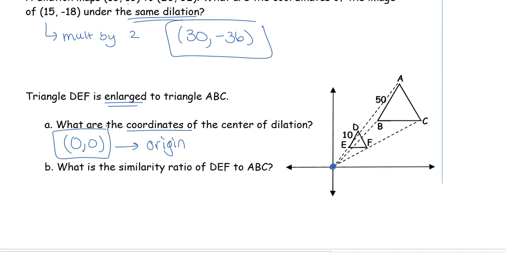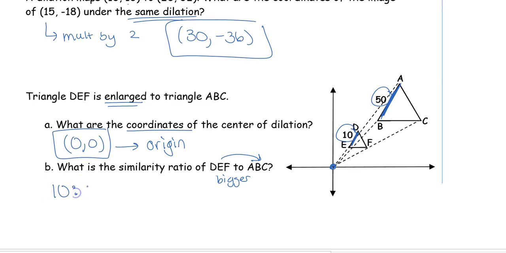The similarity factor, the similarity ratio, if I'm going from DEF to ABC, it is an enlargement, so I'm getting bigger. I look at corresponding sides. DE corresponds to AB. They're in the same location. Think about parallel lines corresponding, same location on the other object.